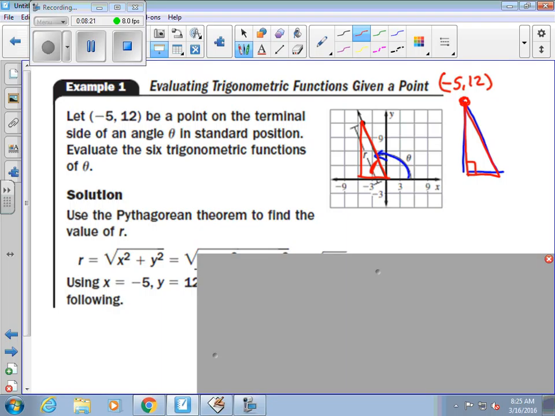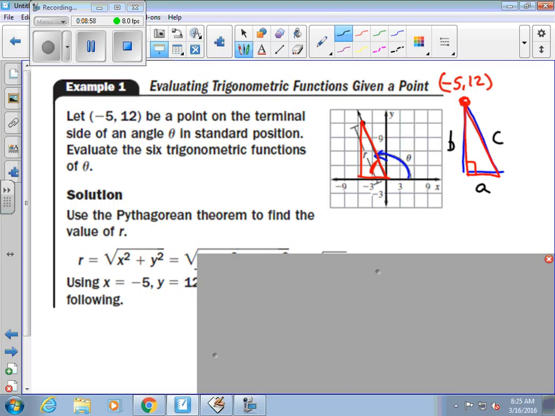Let's call this one right here A, this one right here B, and this one right here C. Which one is A? Is it negative 5 or is it 12? Which one is your X value? Negative 5 or 12? That's easy.